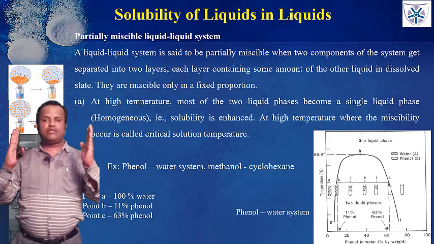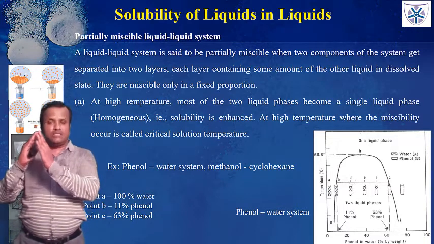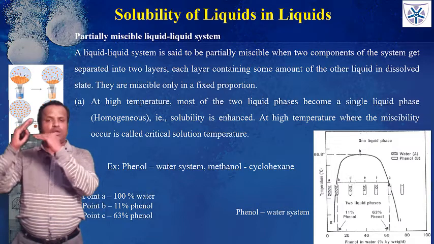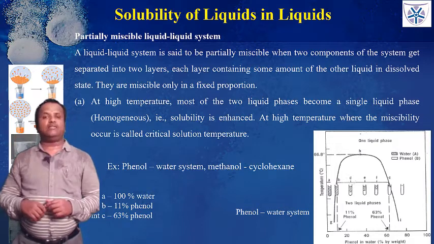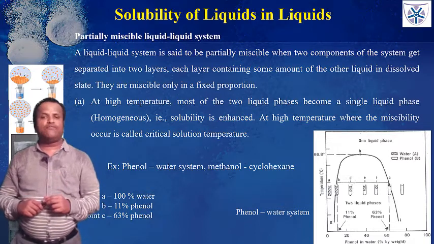At a particular point, the critical solution temperature, once it is reached, the two layers become a single layer. What is the critical solution temperature for the phenol water system?